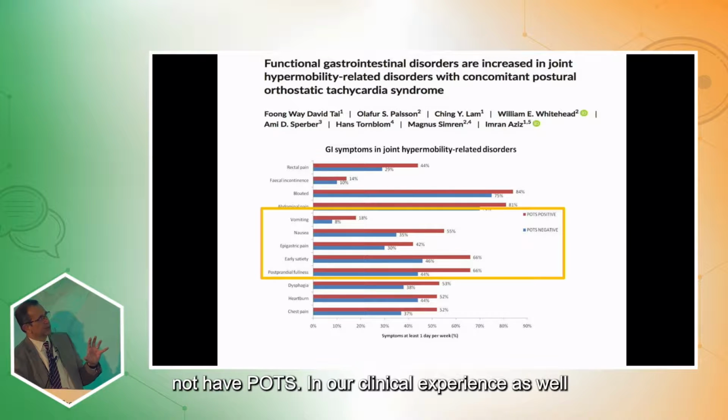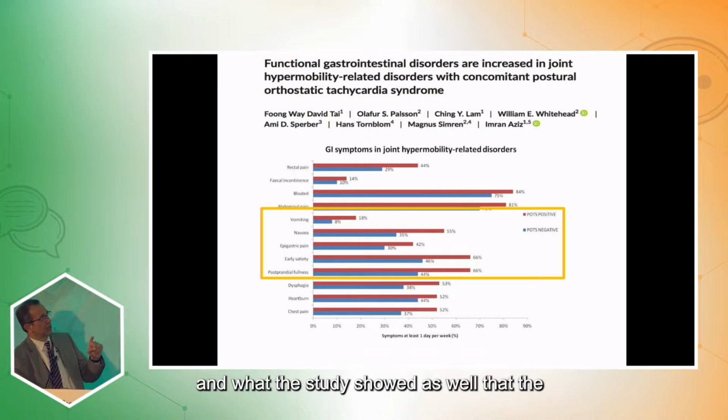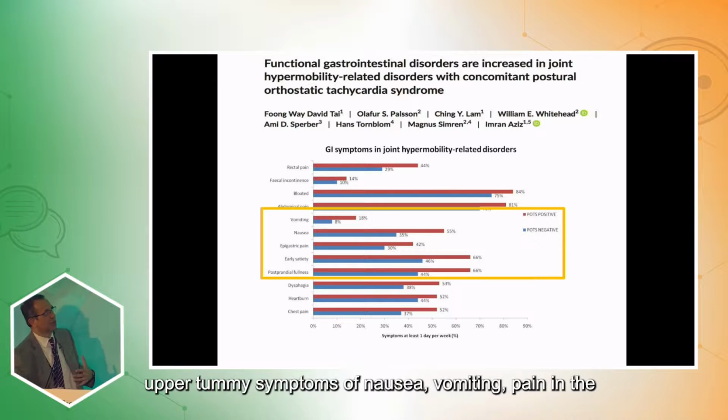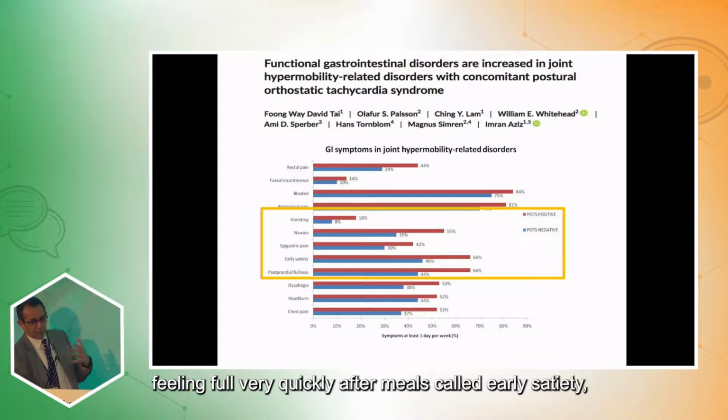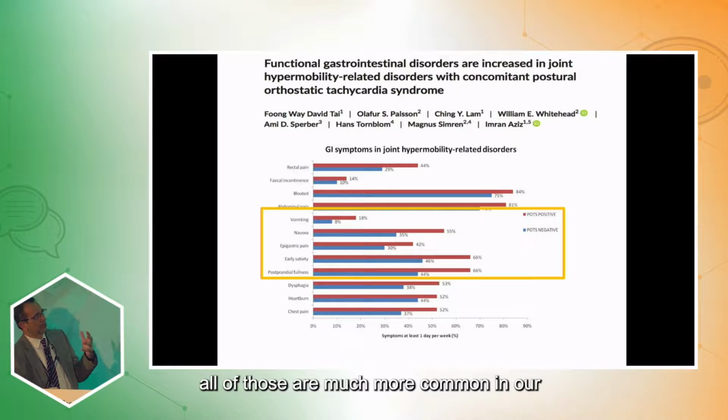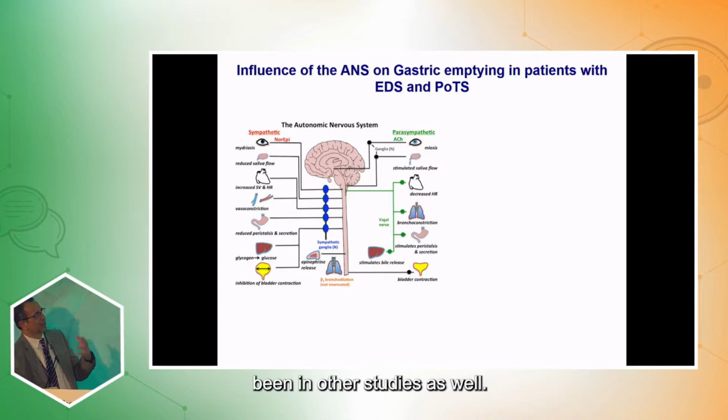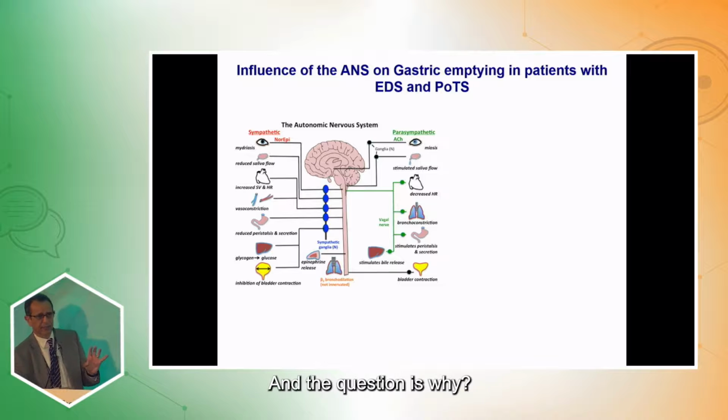In our clinical experience as well, and what the study showed as well, the upper tummy symptoms of nausea, vomiting, pain in the upper part of the abdomen called epigastrium, fullness, and feeling full very quickly after meals called early satiety, all of those are much more common in our patients who have POTS. And this is an observation that has been in other studies as well. And the question is why? Why is that the case?